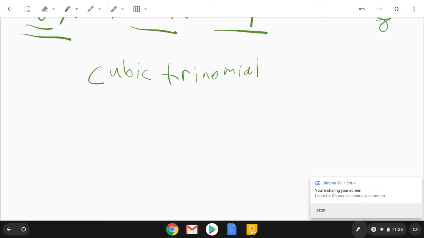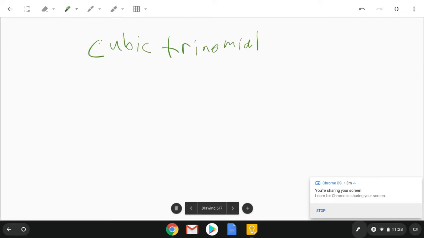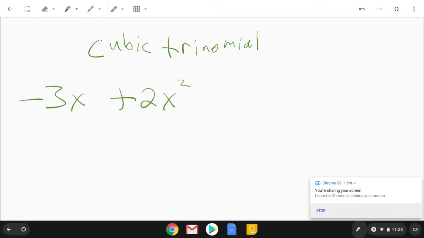All right. So one more. Let's say we had -3x plus 2x squared minus 4. Well, right away, it's not in standard form because the degrees, they go 1, 2, and then 0. So it is not in standard form.